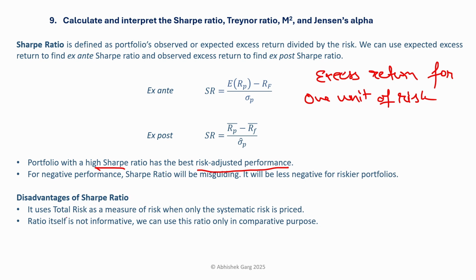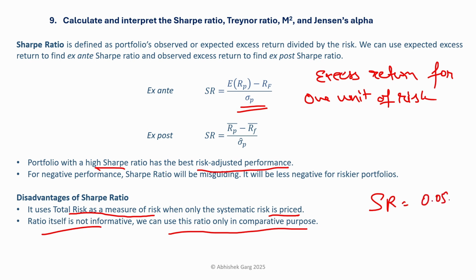Disadvantages: it uses total risk as a measure of risk where only systematic risk is priced. Since it's using sigma p, that means it's taking the total risk of the portfolio into consideration. The ratio itself is not informative. We can use this ratio only for comparative purposes. Now let's say the Sharpe ratio of a portfolio is 0.05 or 5%.